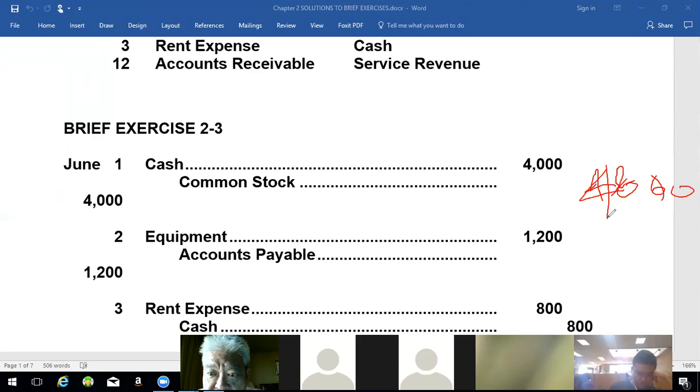For the common stock credit, the debit should be indented. One of the things that you're going to find is that in the beginning, the format is going to be very critical.